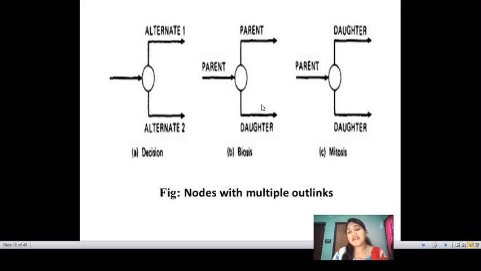That's why two transactions are going to be executed. This is called biases. And coming to the mitosis complication, the parent transaction is executing, suddenly it is destroyed and gives birth to two new child transactions. So this method is known as mitosis. So this is about complications.